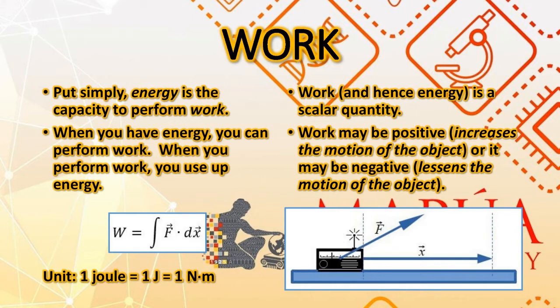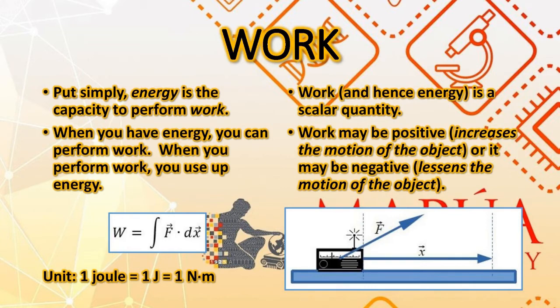Now dot product may give you a positive answer or a negative answer. That means work may also be positive or it may be negative. If the work done by a force is positive, that means the contribution of the force to the motion is positive.